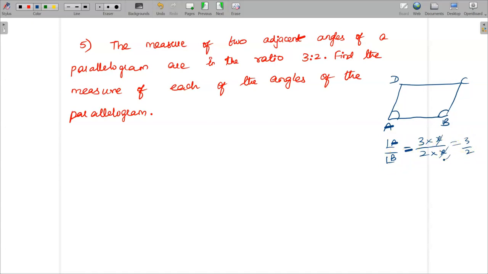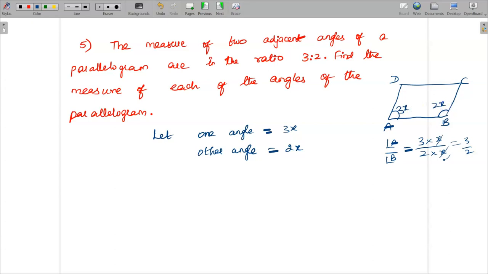So let one angle be 3x and the other angle be 2x. Let me consider this angle as 3x and this angle as 2x.